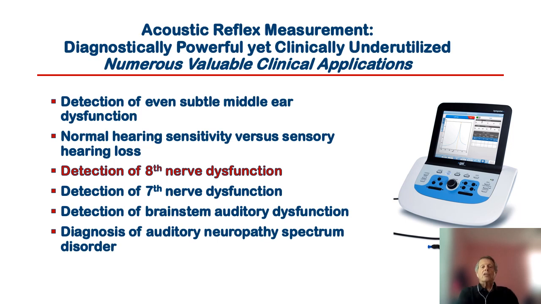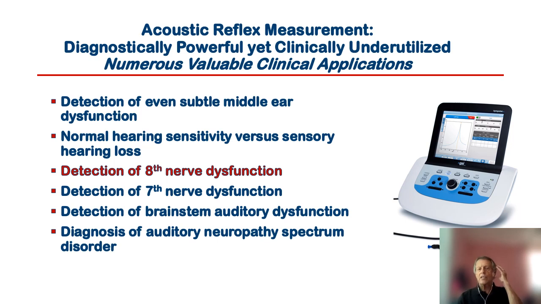The next application of the acoustic reflex, which is extremely important in routine clinical audiometry with adults, is the detection of eighth nerve dysfunction. For over 40 years, I've measured acoustic reflexes in almost every patient, adult and child. On more than one occasion, I would have a patient who might have some unusual complaints.